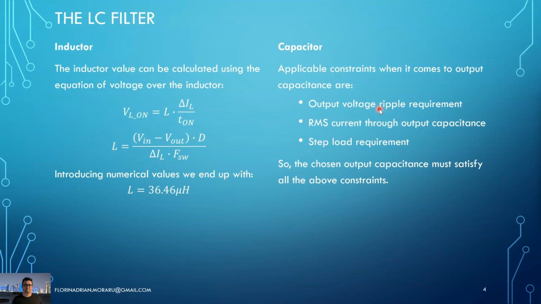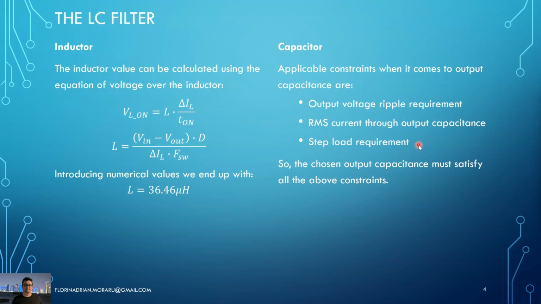For the capacitor, we need to consider at least 3 points. One is the output voltage ripple requirement we have. Second, we need to look for the RMS current to be sure that the selected capacitance can handle the RMS current. And third, we need to consider also the step load requirement in conjunction, you'll see, with the selected cutoff frequency.